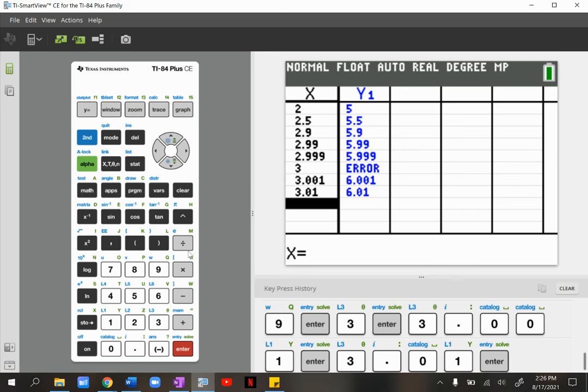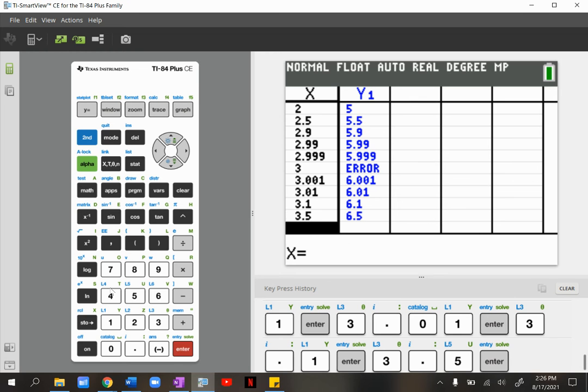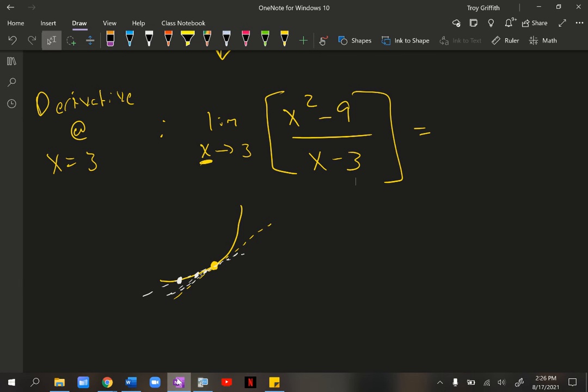So now I'm going to be coming from the other side. 3.1. Look at that. I can try maybe 3.5, and then I can try 4. What I'm doing right here is looking at the slopes from the other side. In other words, the slope between 4 and 3 would be like this, and then the slope between 3.5 and 3 would be like this.